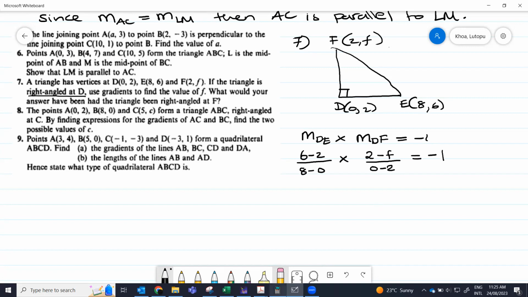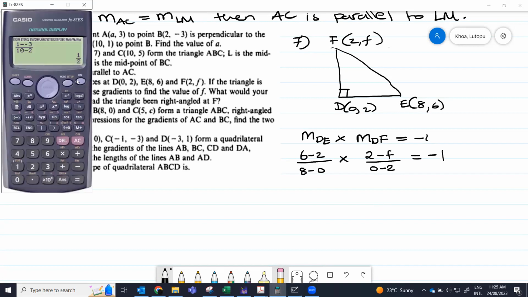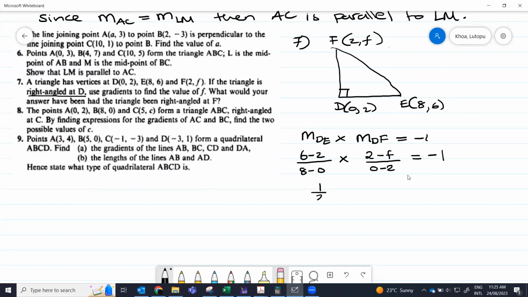So this one here we can work out. (6 minus 2) over (8 minus 0) is a half. Then (2 minus f) over -2 is equal to -1.